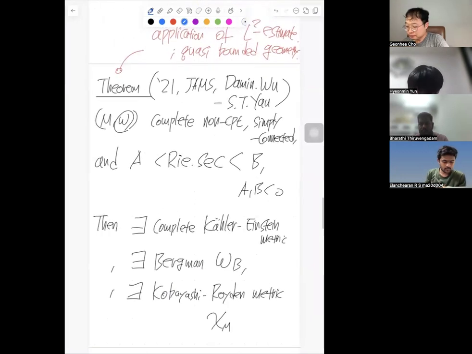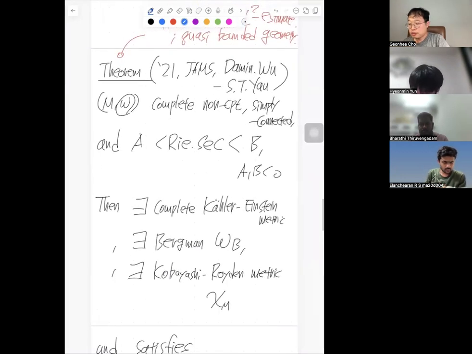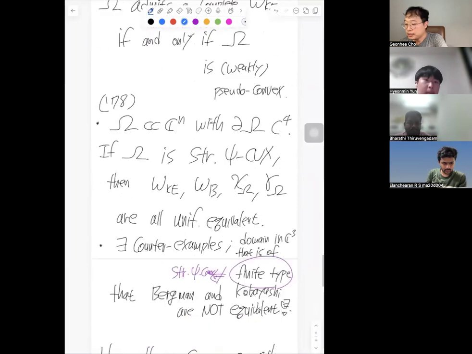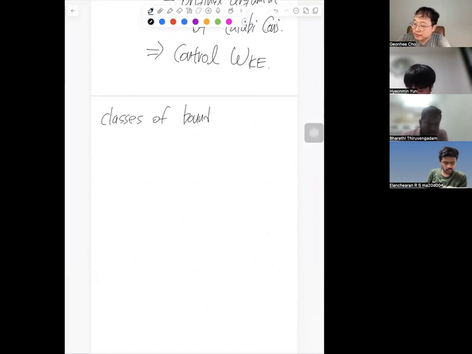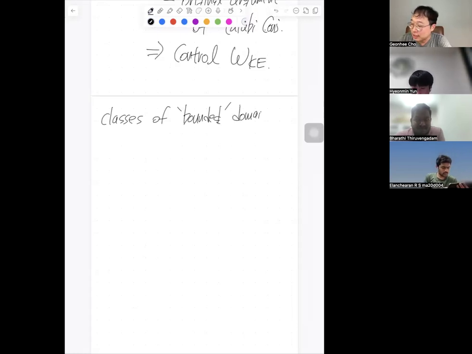And what else should I say? Even if we assume the Kähler manifold is already in some class of bounded domains, this is already very interesting and hard enough. So, classes of bounded domains. I'm not even sure that I should put this assumption. One can replace this by Kobayashi hyperbolicity and so on, but let me just safely call it bounded domains in C^n.